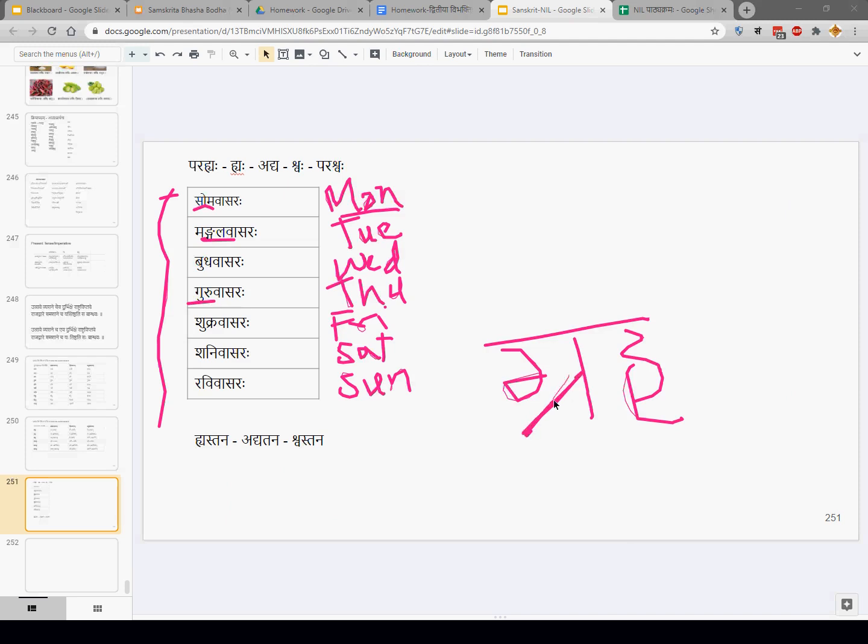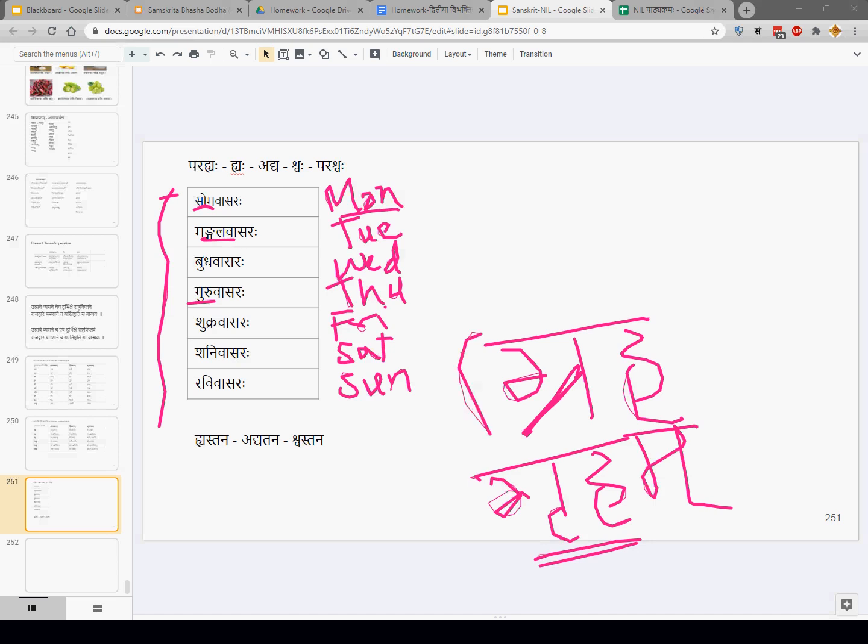Note that this Graha is different. This is Graha, not Griha. What does the second Graha, Griham, mean? Like a house. Yeah, house, Griham.